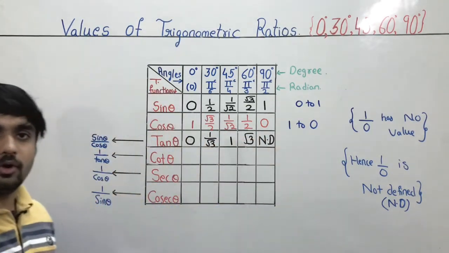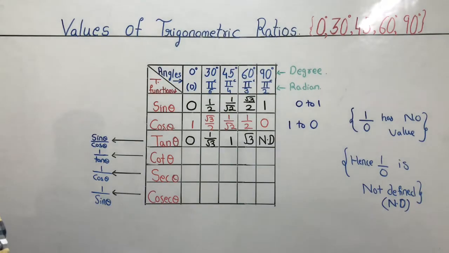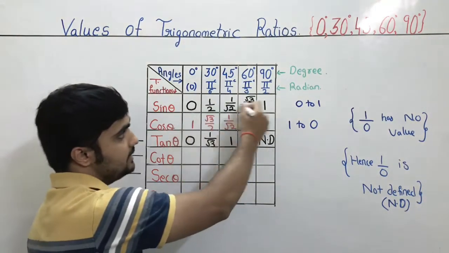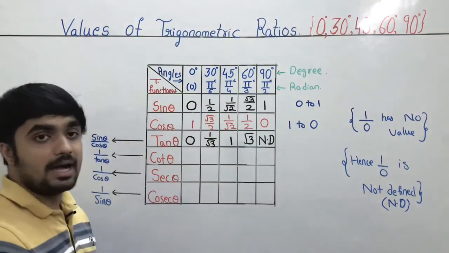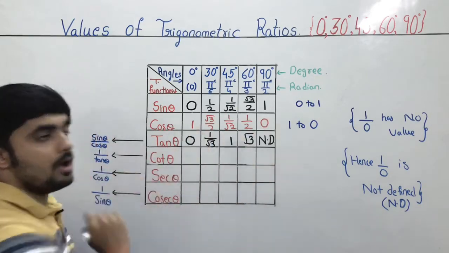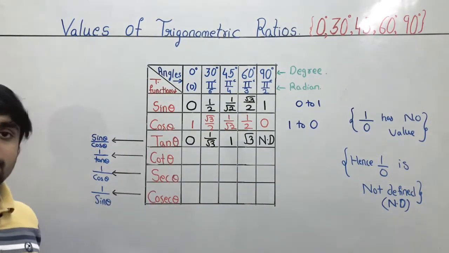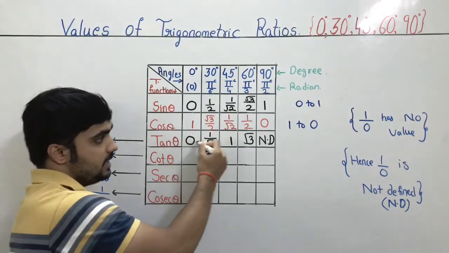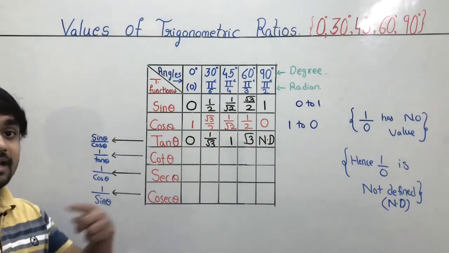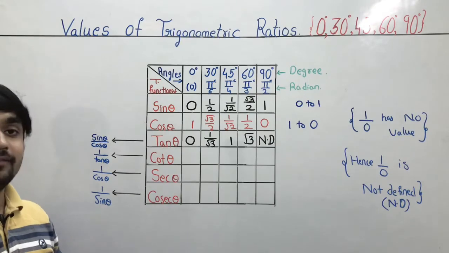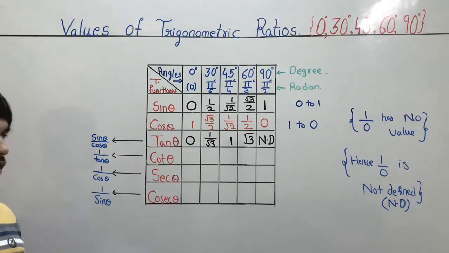Not defined. We have seen one trend for sine: the values of sine in this direction are the values of cos in the opposite direction. The same trend applies to tan and cot. If we write the values of tan in the opposite sense, we get all the values of cot theta.